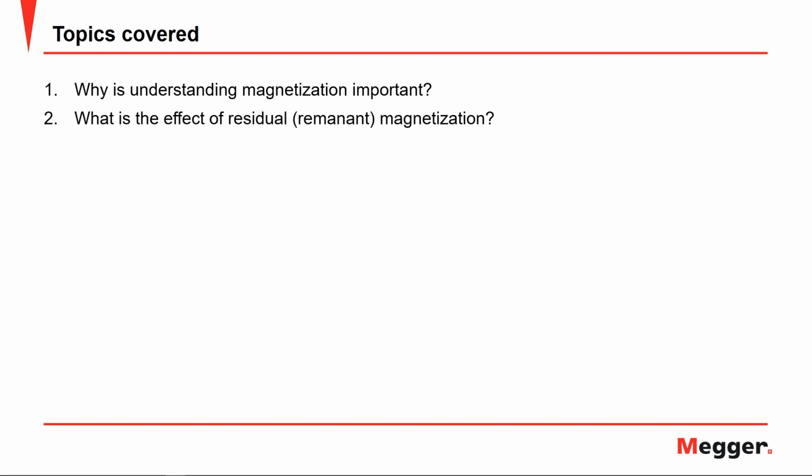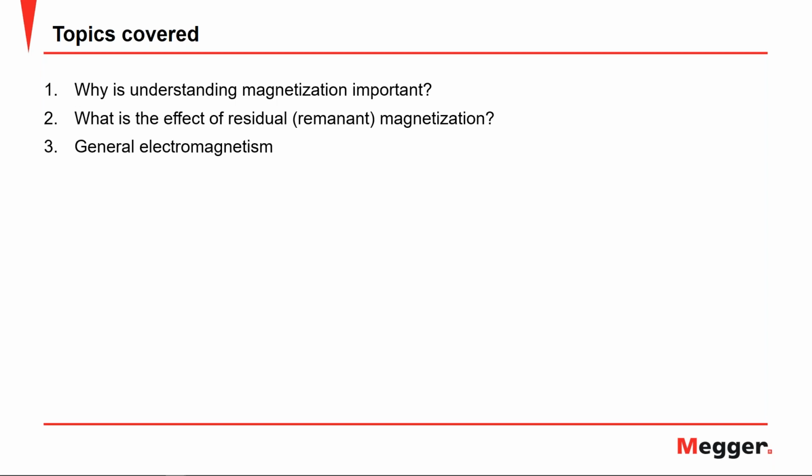So apologies for that. The topics that we are going to cover today are, of course, transformer demagnetization, but we're going to start out by trying to understand why understanding magnetization is important. We will then look at what the effects of residual or remnant magnetization are.